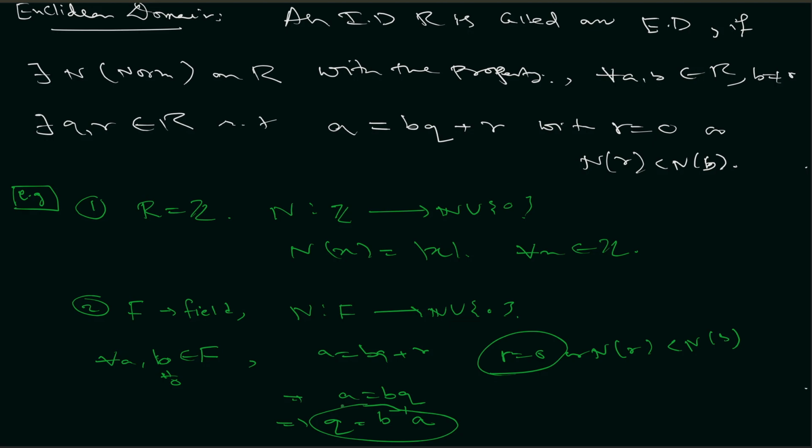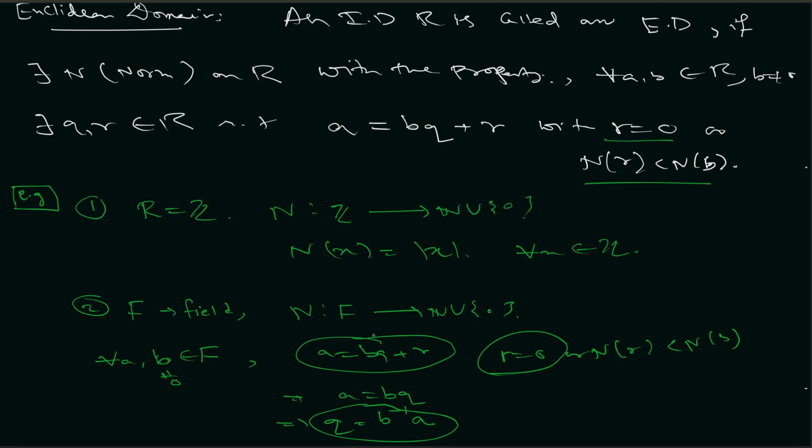I know you may be facing some confusion: I have to define a norm, but how am I choosing a equals bq plus r first? See, I have to define a norm with this condition, either r is 0 or norm of r is smaller. I need such a function so that I can write any element of this ring as a equals bq plus r.